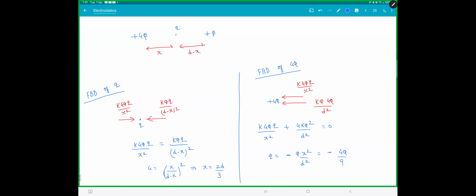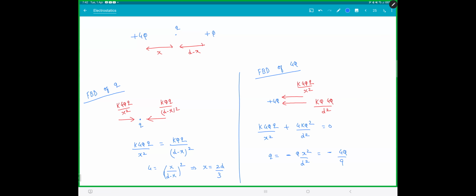So there, you assume plus q as positive and let the sign take care of it. You don't worry about it, the sign will come automatically. Is that clear, everyone? So the small q has to be negative charge so that the 4q and plus q don't fly away from each other. That is a distance and that is a charge.